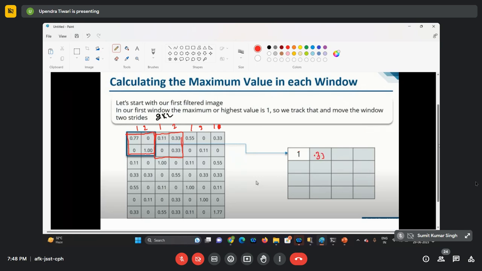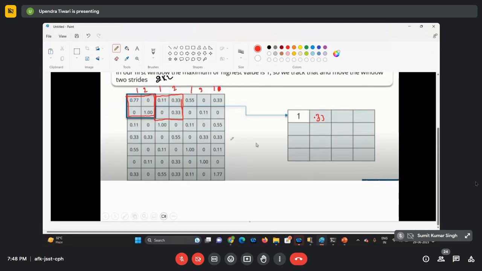Then, since again 1, 2, a gap of 2 is what we are going to take, we'll be starting from here. And what is the maximum value we have? It is 0.55.